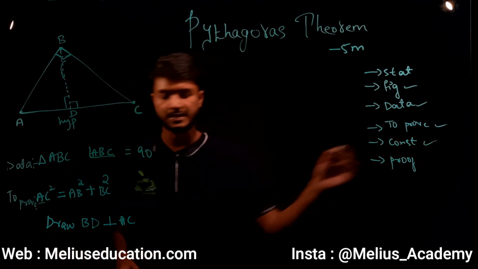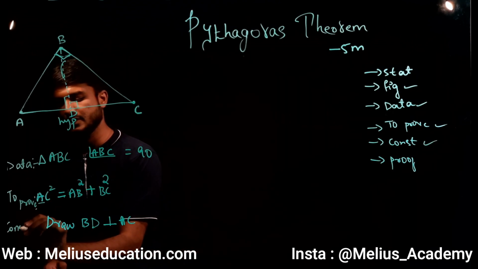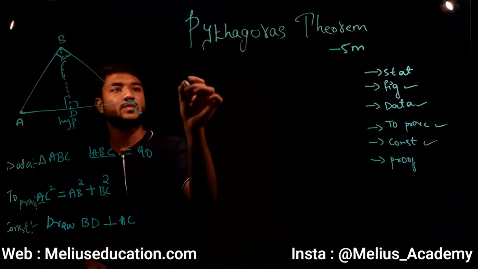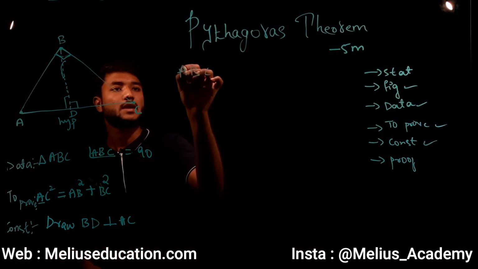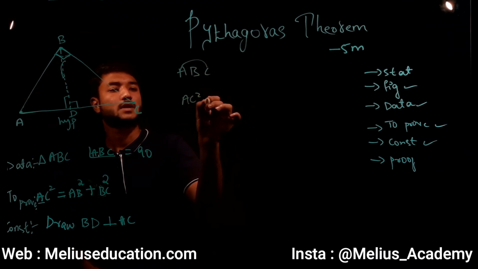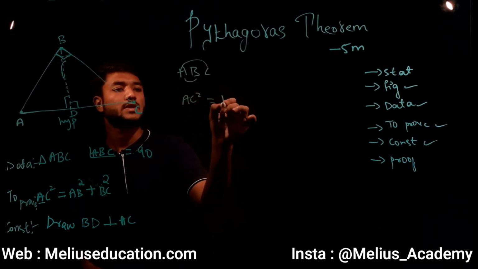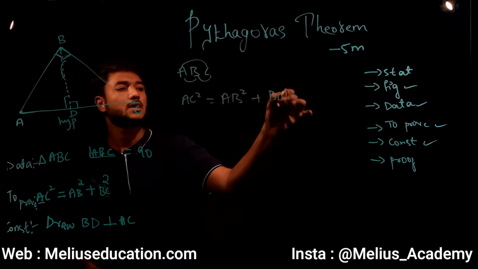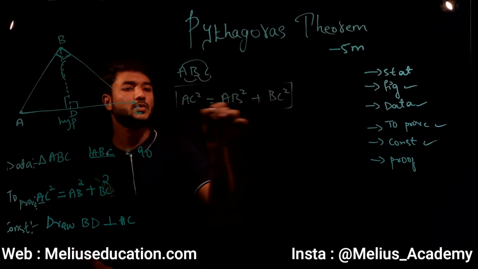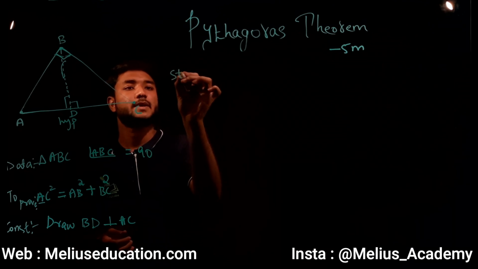And the next part, that is construction. You can also remember the to prove part, ABC, AC square is equal to AB square plus BC square. So this is a short trick to remember to prove part. The other part is statement.